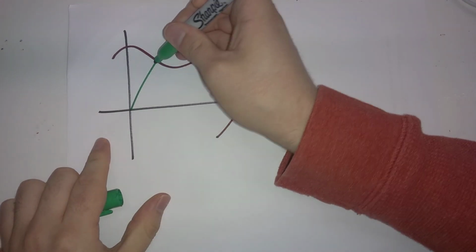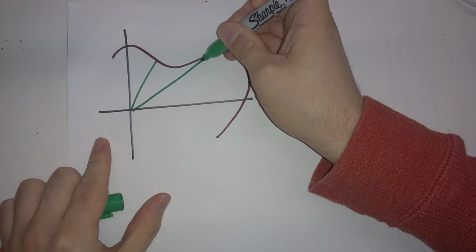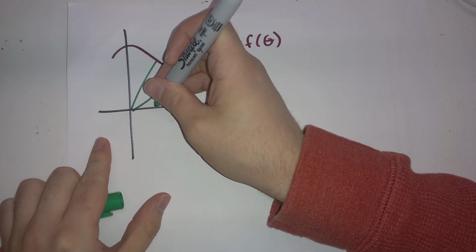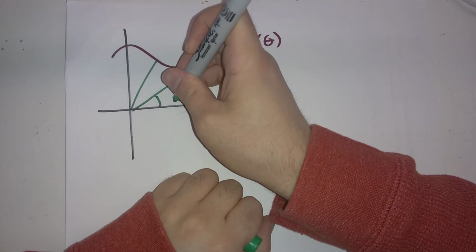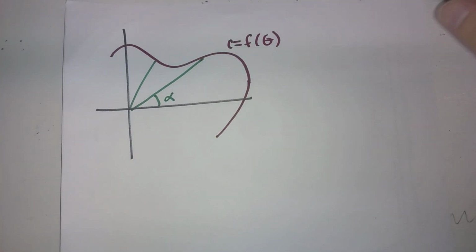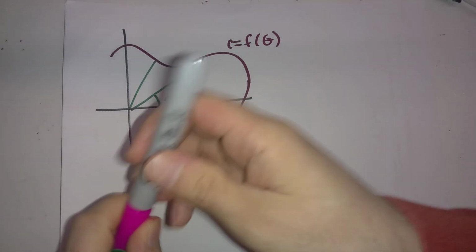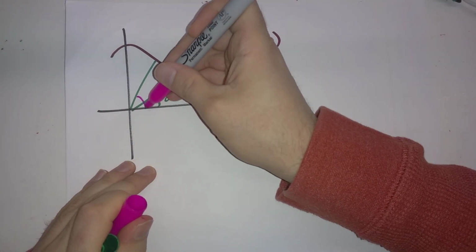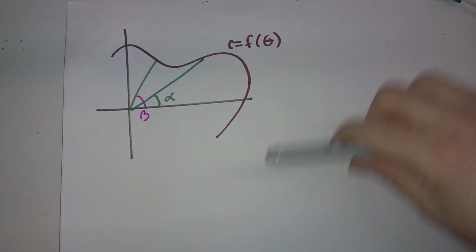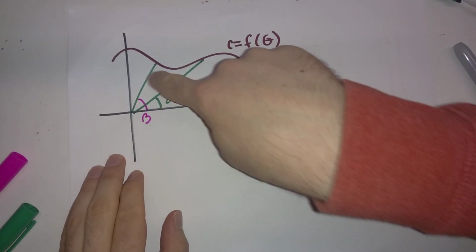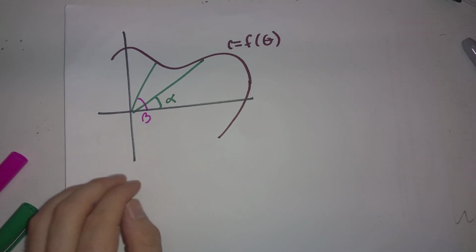What's the area of a sector here? From some angle alpha. And let me use a different color here. This would be some angle beta. And so we're trying to find the area of this sector right here.